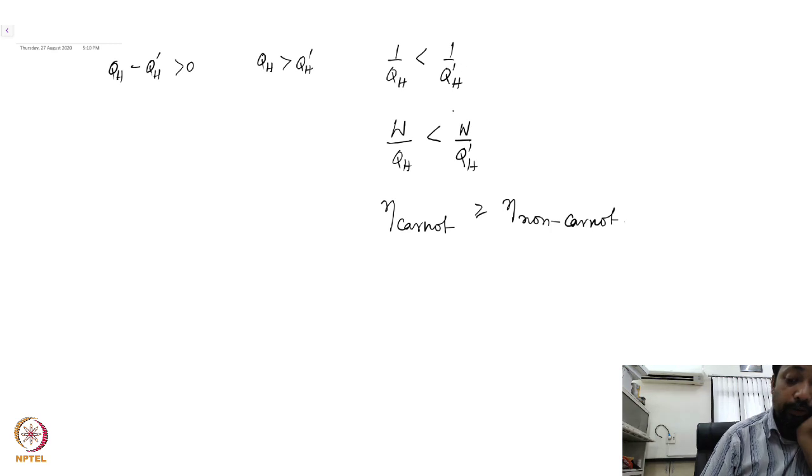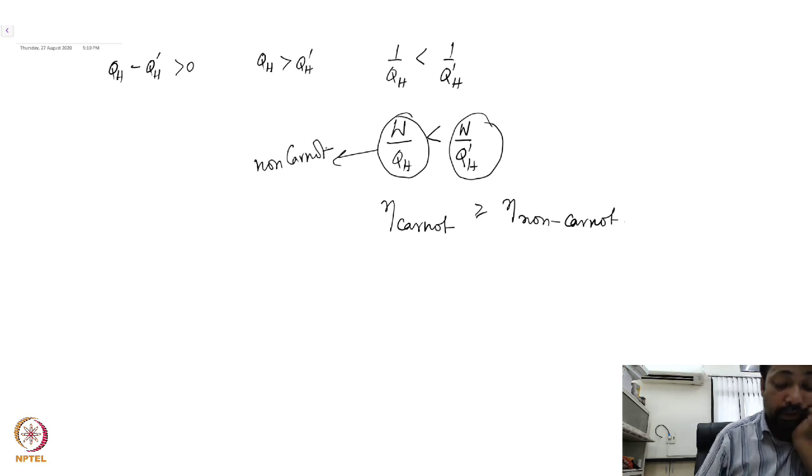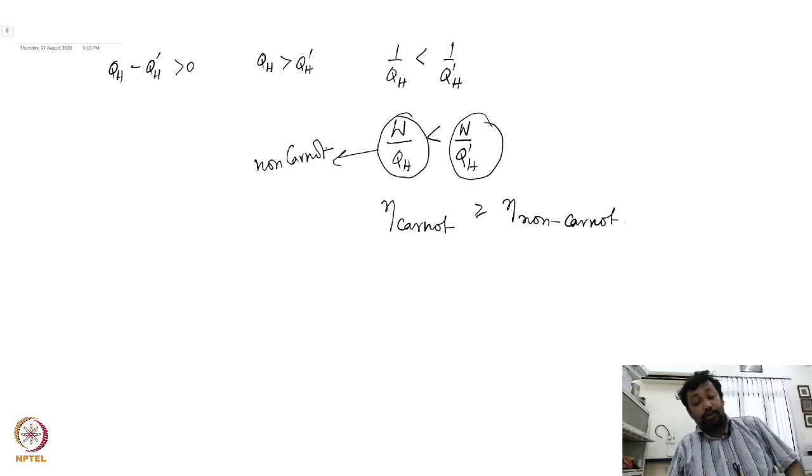Remember, this is your proper Carnot engine, where you have taken the amount of heat Q prime H, and this is the one which was your non-Carnot engine, which violates Carnot's theorem.